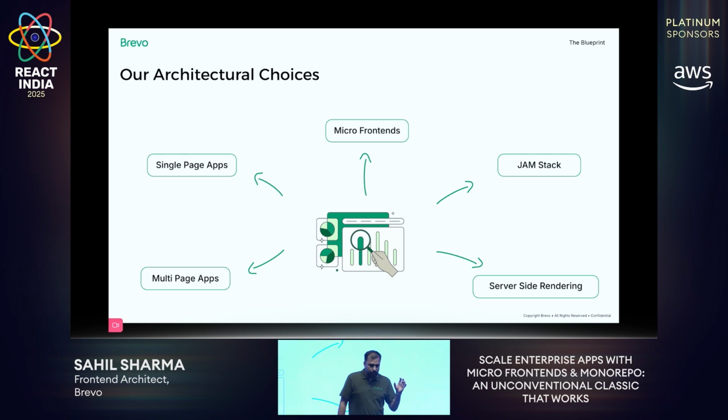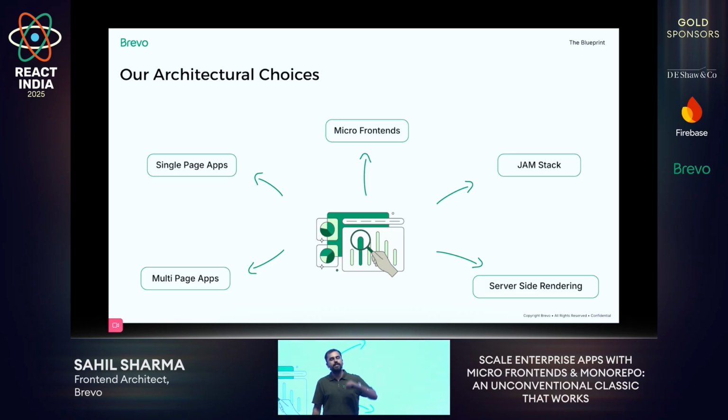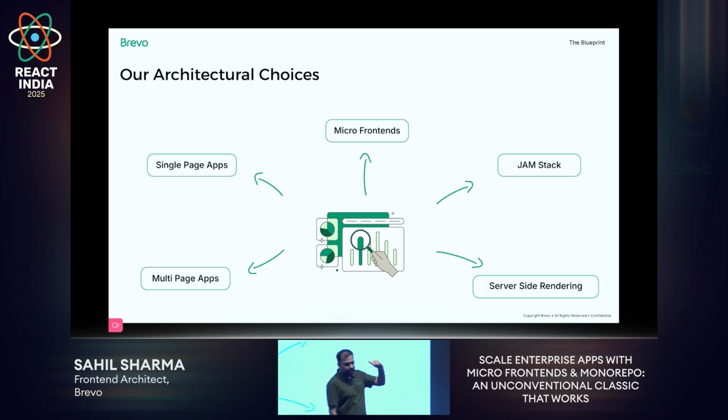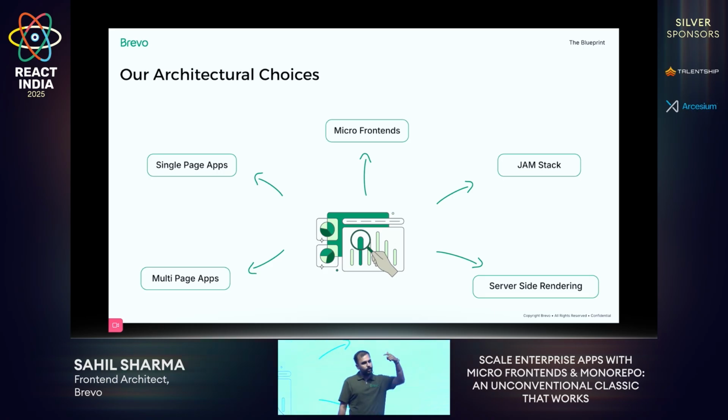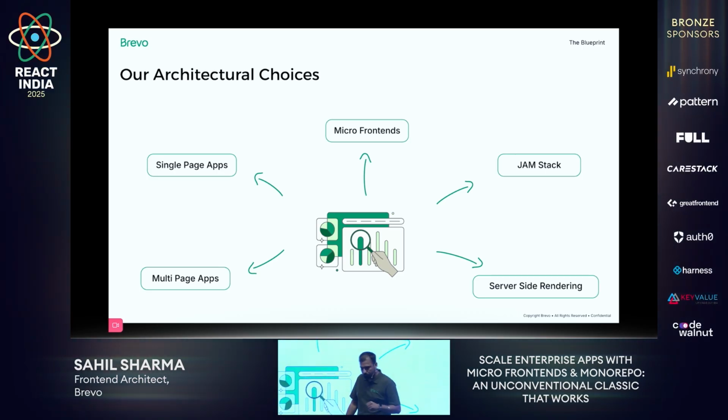But one major challenge we were facing at that point was that the business came up with a problem: when a user navigates from one application to another, there is a whole reload on the website because the assets were getting downloaded from scratch, even though most of them are reused.